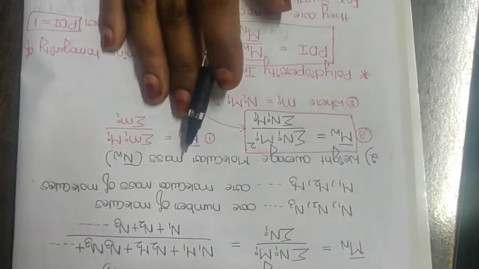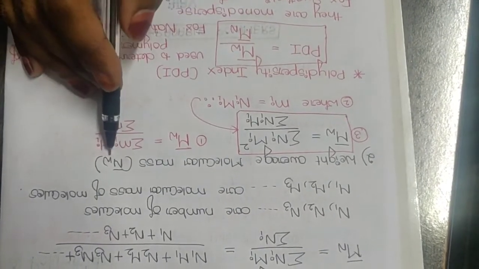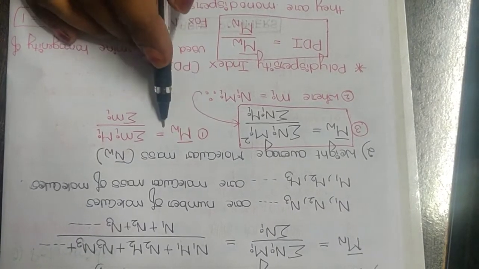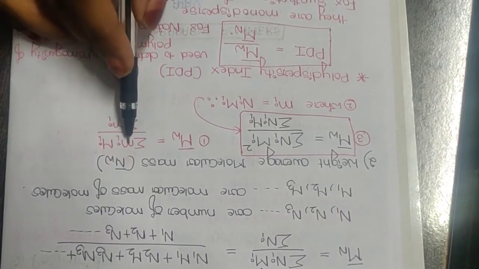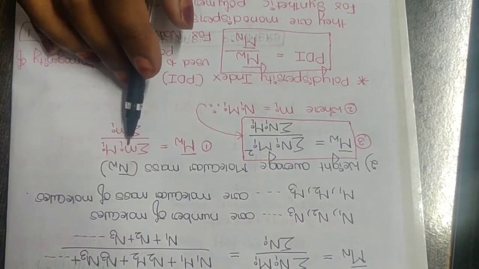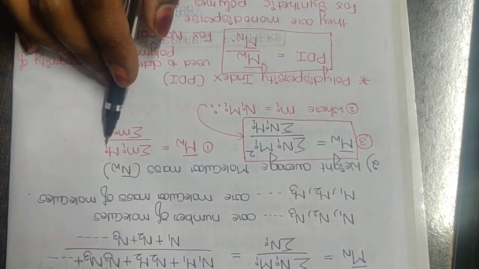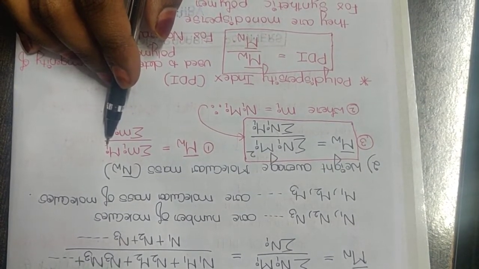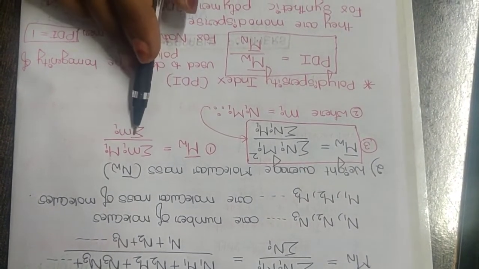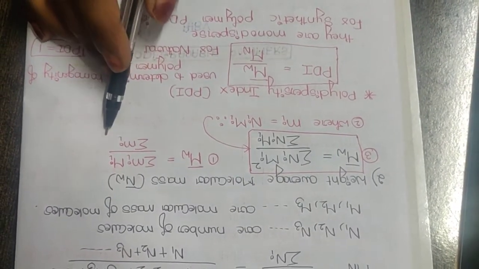In the same way, we have a formula for weight average molecular mass. Mw bar is equal to summation of small mi capital Mi. I hope you know small m stands for mass of a molecule, capital M stands for molecular mass of a molecule. So it is summation of mi Mi divided by summation of small mi, that is nothing but mass of a molecule.